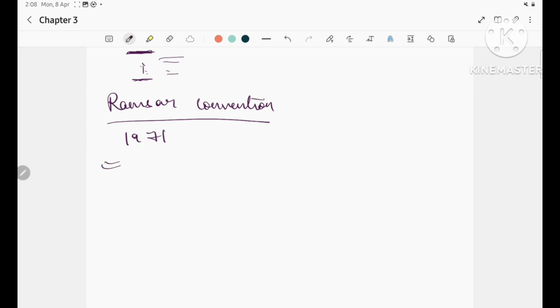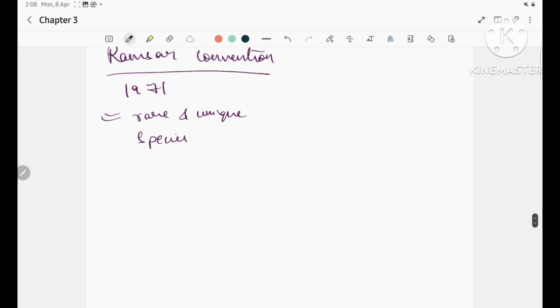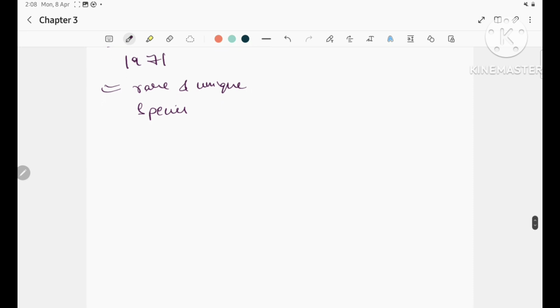So how can they declare a Ramsar Convention site? It should be a rare and unique wetland, based on species and ecological communities, and IUCN will decide. Under this there is the Montreux record.